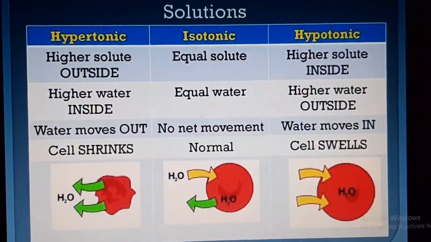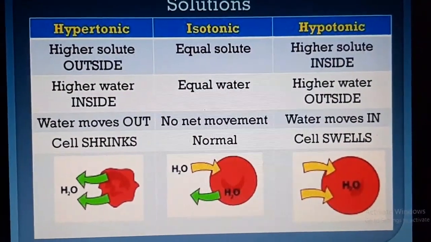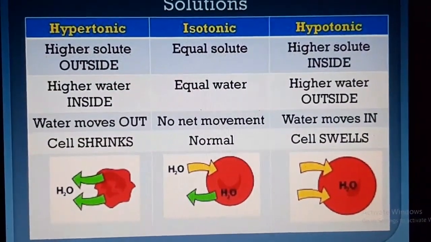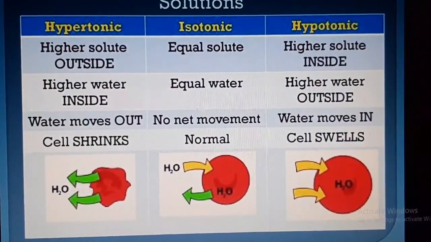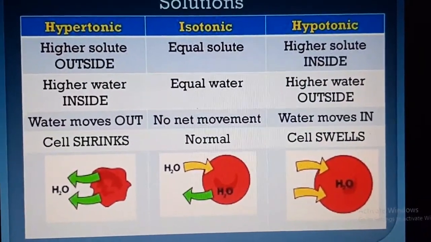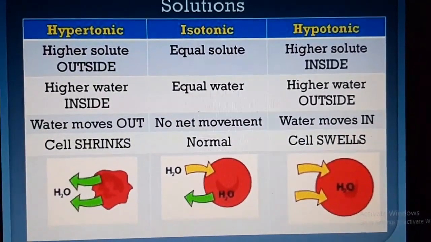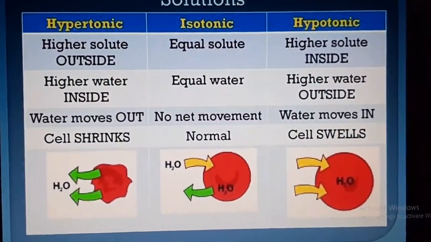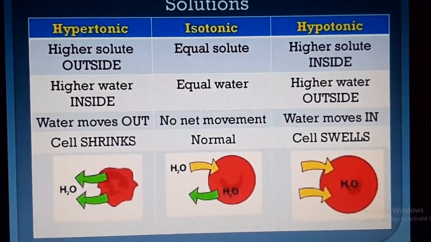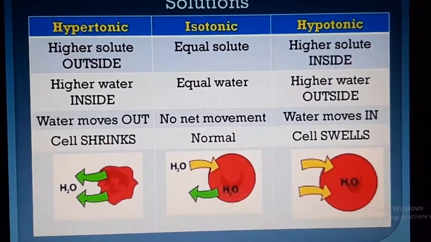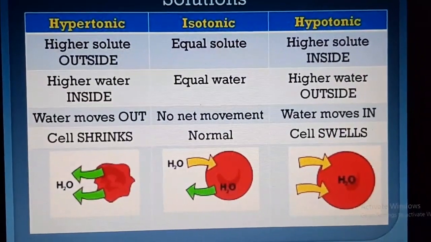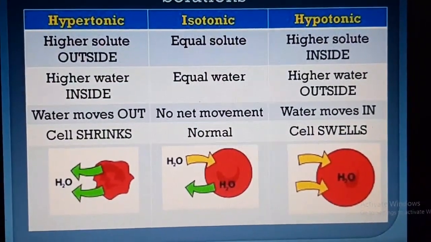No. But one case can also happen: if 2 ml of water moves from inside to outside, at the same time 2 ml of water moves from outside to inside. As a result both are balanced. That is an isotonic solution, with equal concentration of water inside and outside. It means there will be no net movement of water molecules across the membrane.